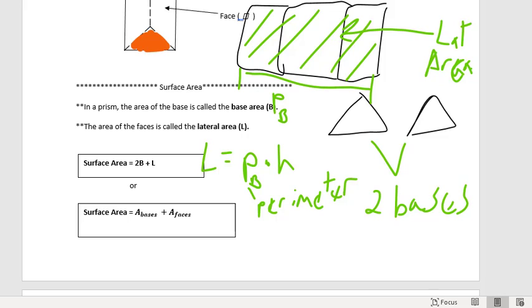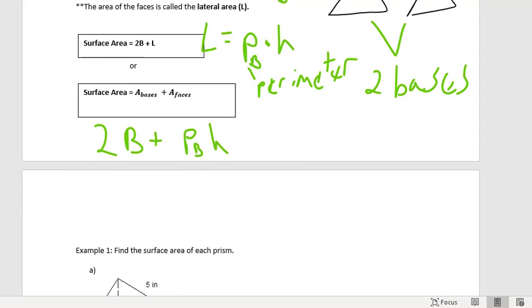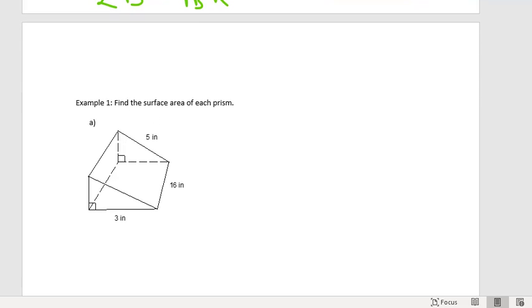Put a little b there, perimeter of the base. So area of the bases plus the area of the faces. We can also do 2b plus pbh. This whole section, if you like to just plug things into formulas, it's going to be good for you and you'll like it. All right, example 1, find the surface area of each prism.